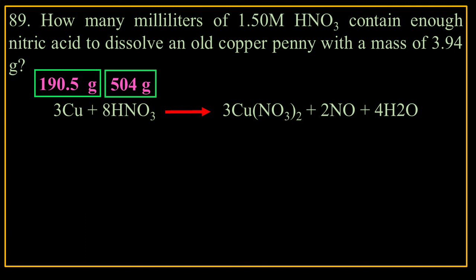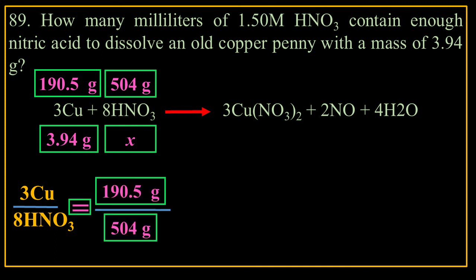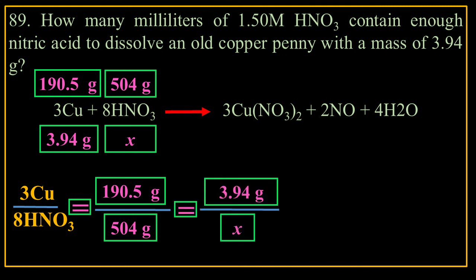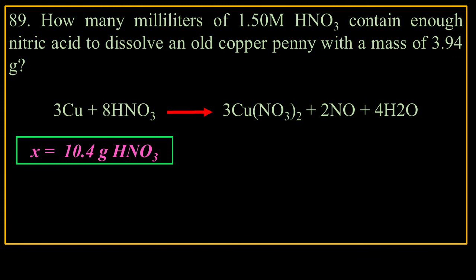So 190.5 grams and 504 grams of the nitric acid are the stoichiometric masses. 3.94 is to X. So there's my constant ratio, 190.5 divided by 504 equals 3.94 over X. Solve for X, and the answer is 10.4 grams of nitric acid.